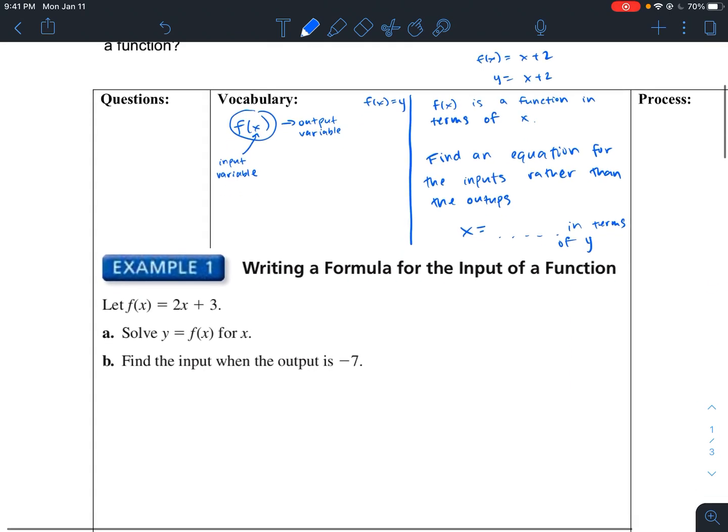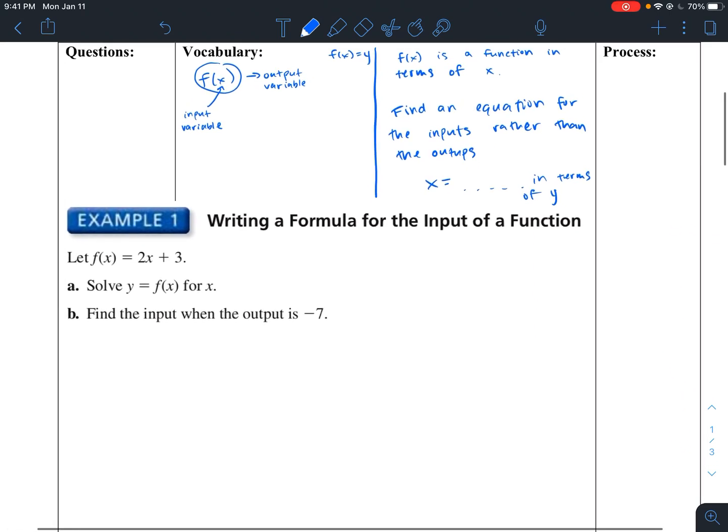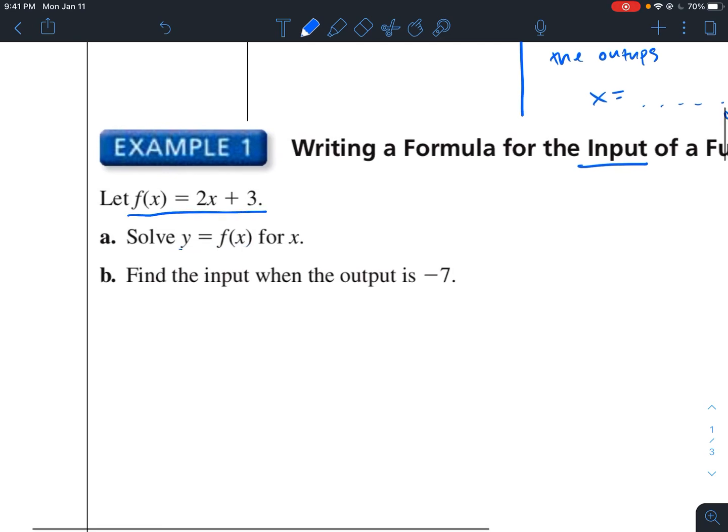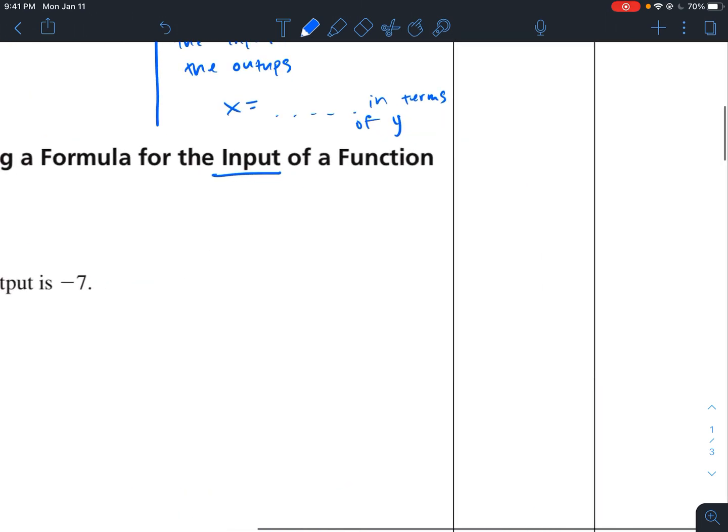So let's go to this first example where it says write a formula for the input of a function. So again, not the output, for the input of a function. Here, f of x is equal to 2x plus 3. So we want to solve y equals f of x for x. What this basically means is that we're going to take this equation. So let's write out a process.